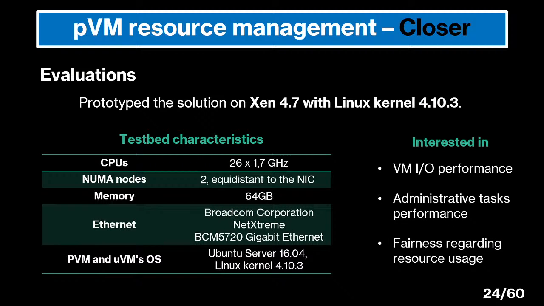So we prototyped Closer using Xen 4.7 and Linux kernel 4.10.3, and we were interested in seeing the improvement in terms of I/O performance of virtual machines, the improvement in administrative tasks, and the fairness regarding resource usage.